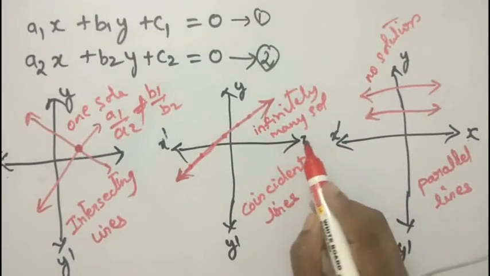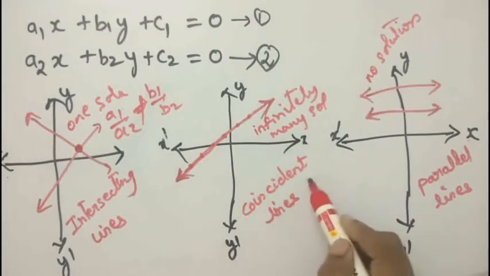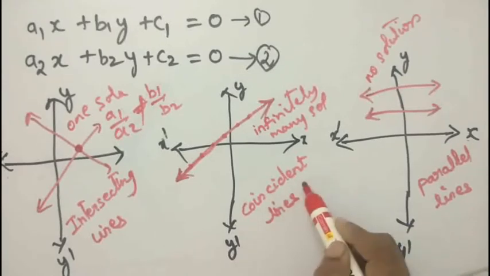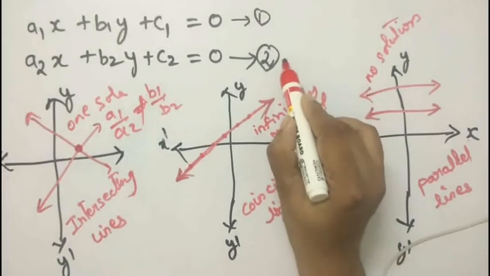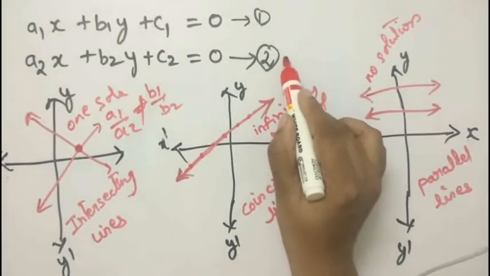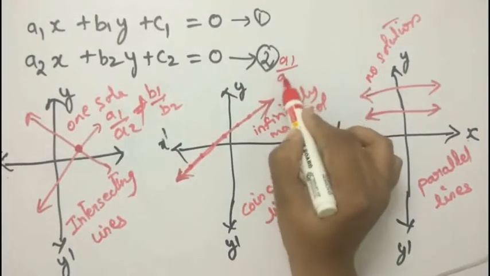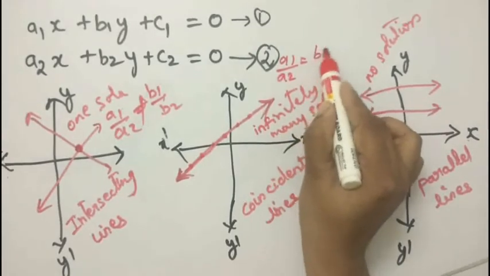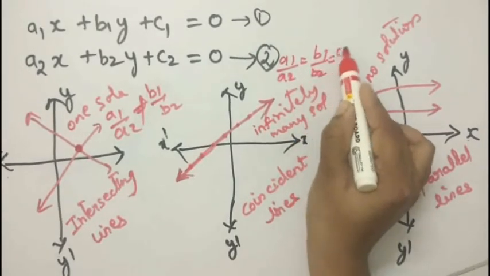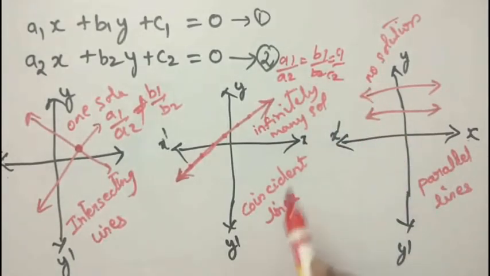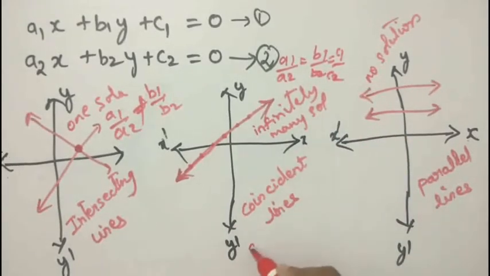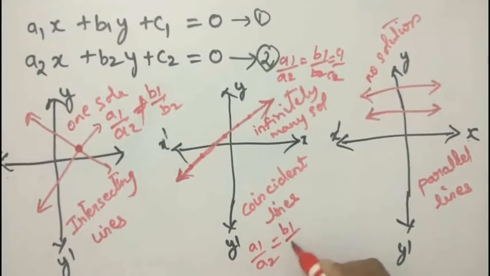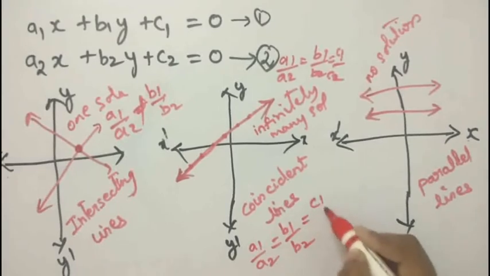Now, in case of coincident lines, the condition is that all the ratios are equal, that is a1 by a2 equal to b1 by b2 equal to c1 by c2.